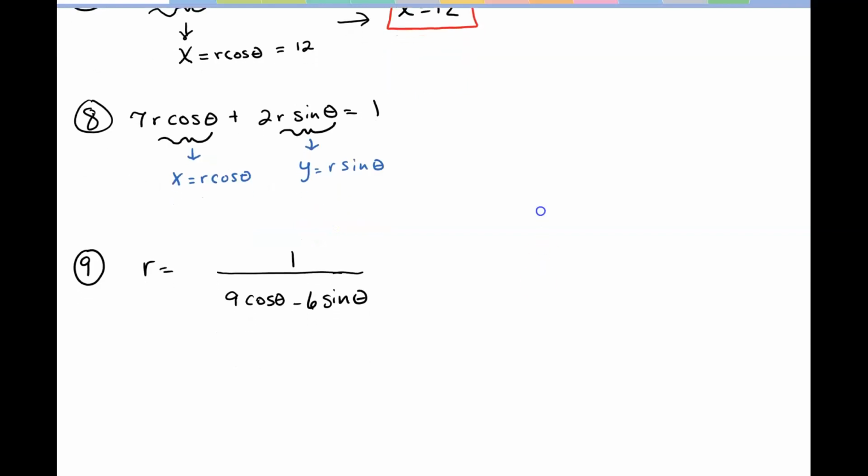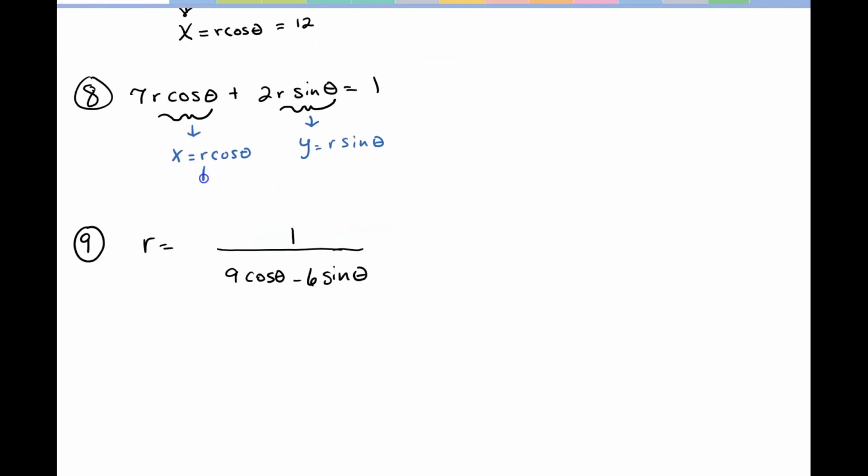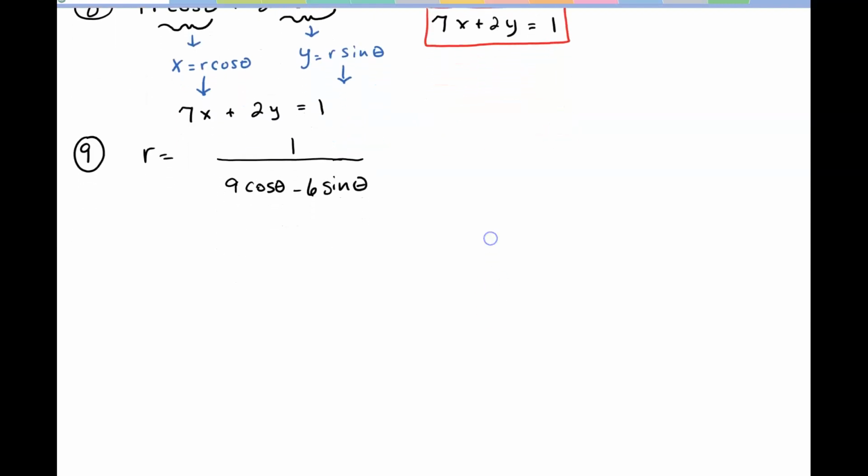So this is not terribly difficult, because this is just 7x plus 2y equals 1. And so here I have my Cartesian equation, 7x plus 2y equals 1.